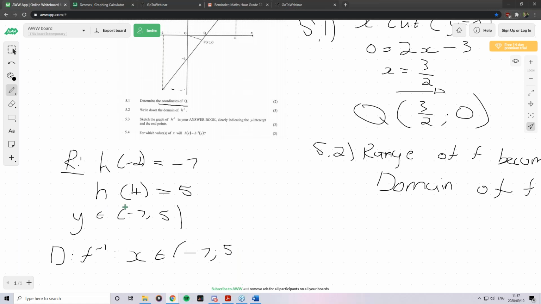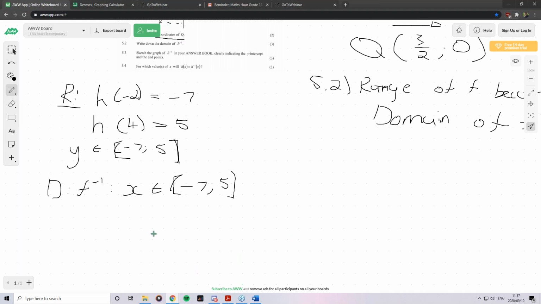What's important is these are square brackets in this notation. I can also write it as x less than or equal to 5 and greater than or equal to minus 7. It means the same thing.